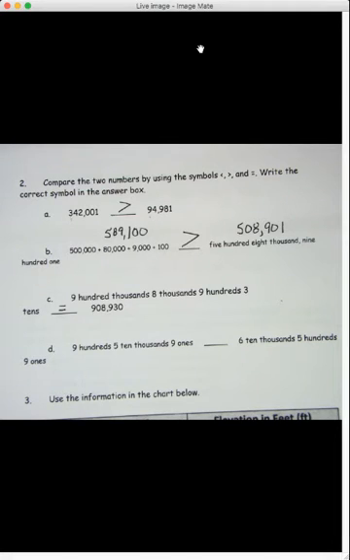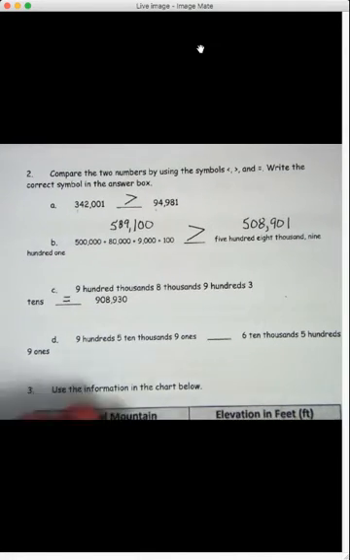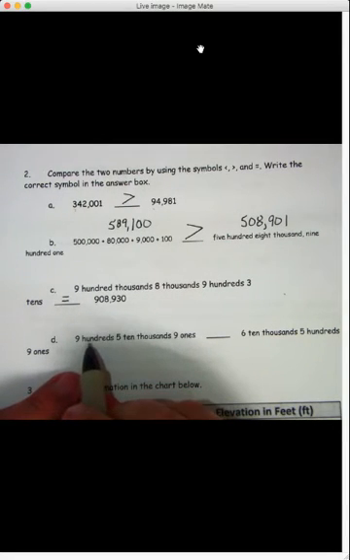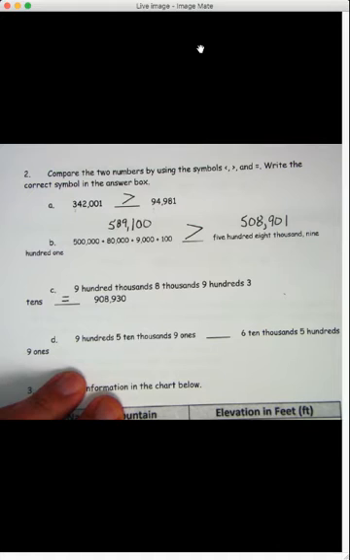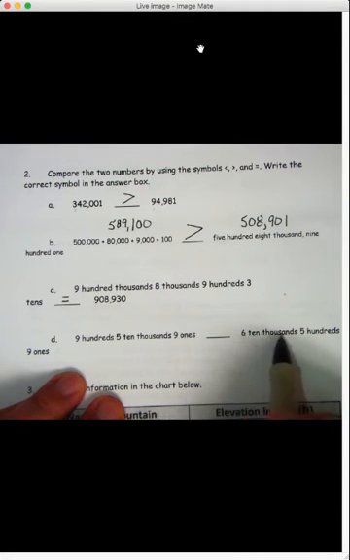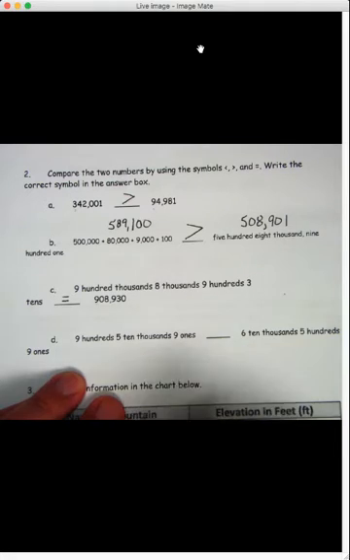Let's do that again on this part D. This one says we have 9 hundreds, 5 10,000s, and 9 1s. This one says we have 6 10,000s, 5 hundreds, and 9 1s. I don't know. I'm thinking I need to write this one out just to make sure I get it right.